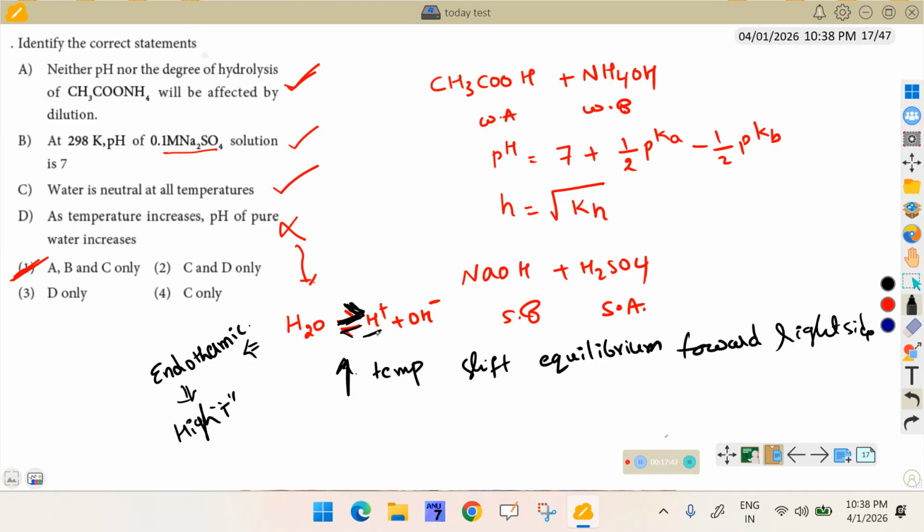That means H+ ion concentration increases. We know that pH is equal to negative log of H+ ion concentration. So the pH value decreases. That's the reason this statement is wrong.